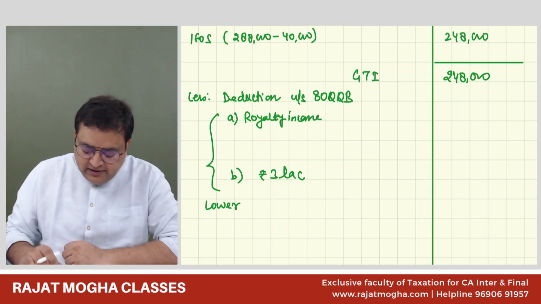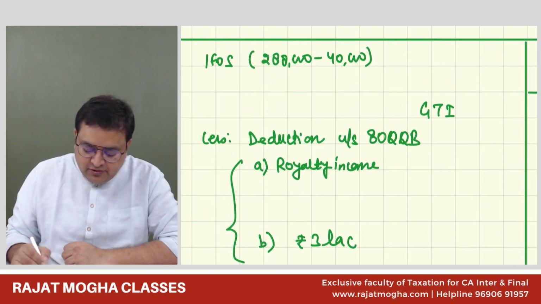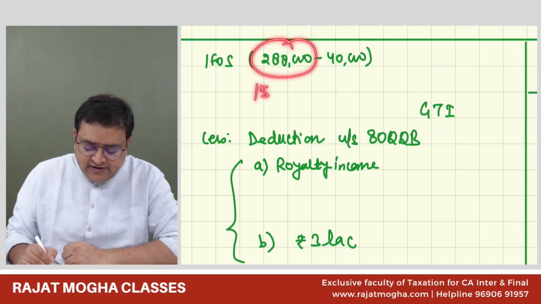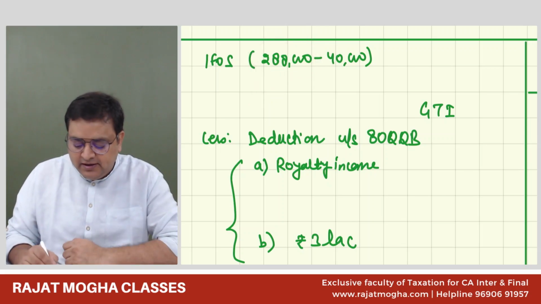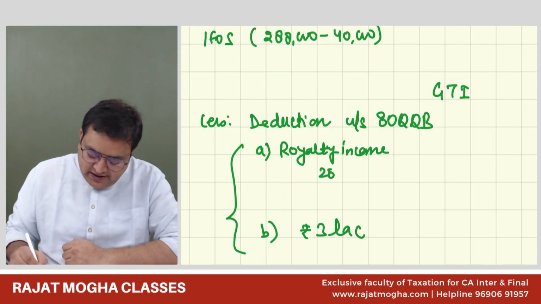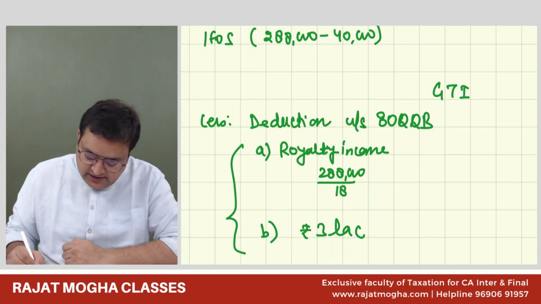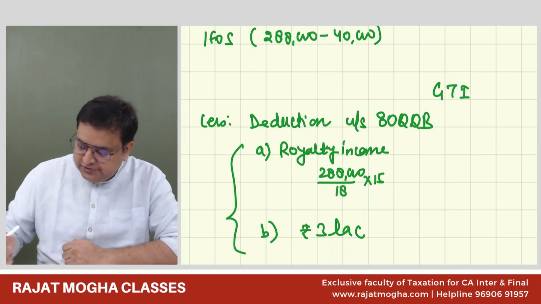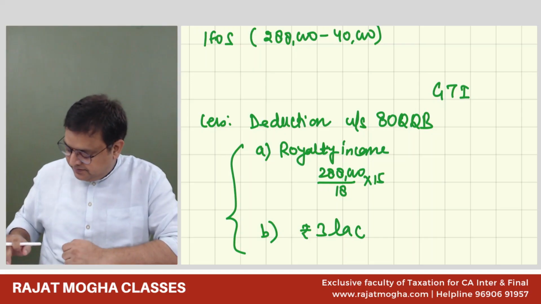So what royalty income will we take? This amount should not be more than 15%. If it is up to 15%, we would have been okay, but it should not be more than 15. So it should be 2,88,000 divided by 18 into 15. How much will we get? 2,40,000.